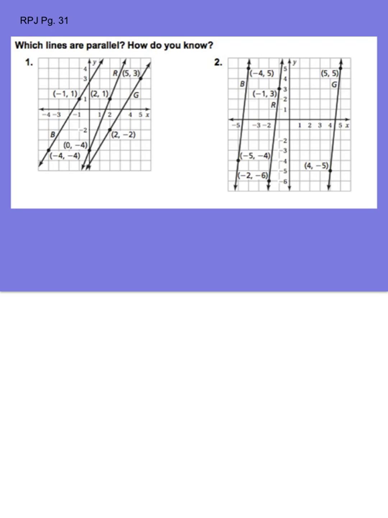So let's look at page 31 in your RPJ. Looking at number 1, it asks which lines are parallel and how do you know? We have 3 lines here, and they represent that as line B, line R, and line G. So we need to find the slope of all of those.